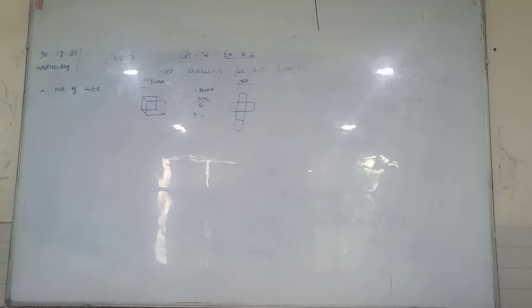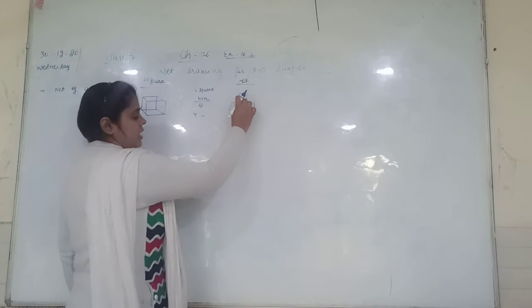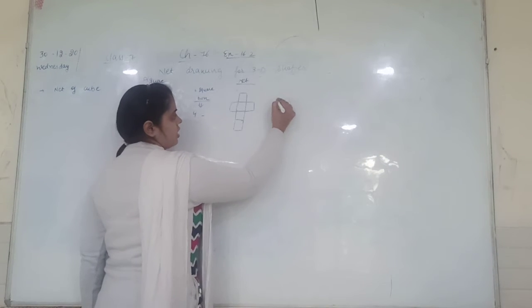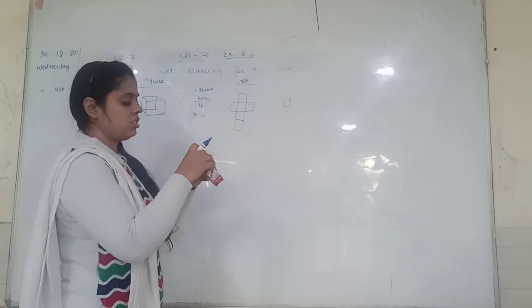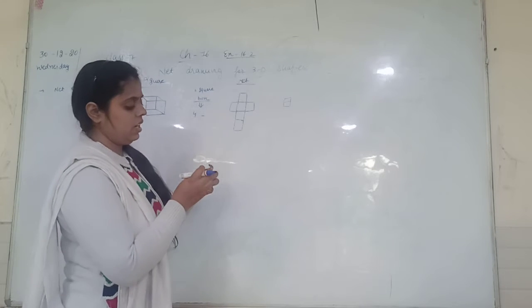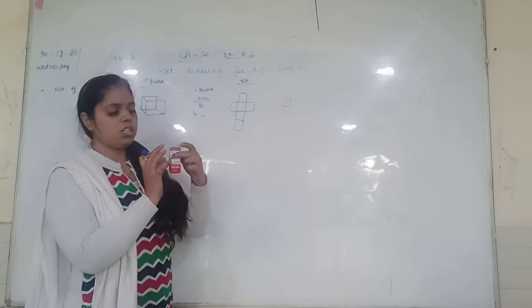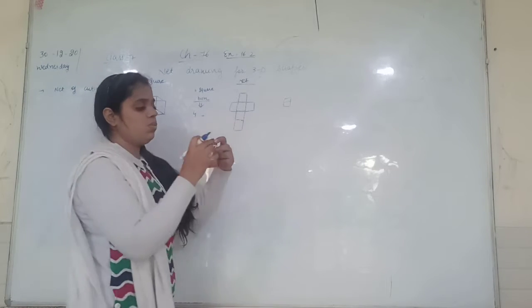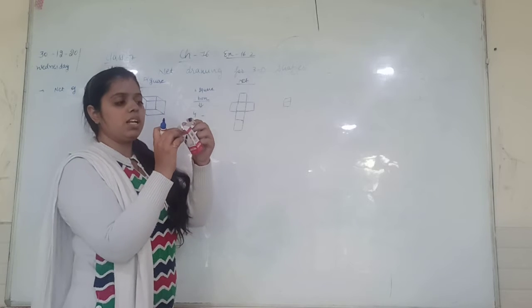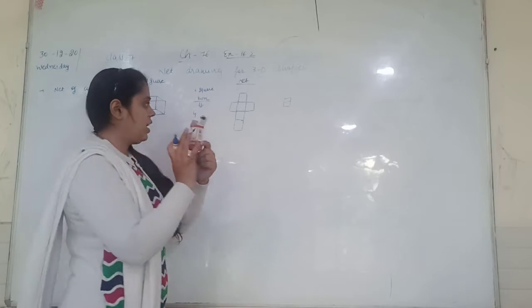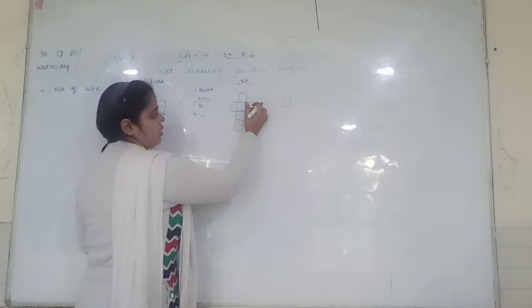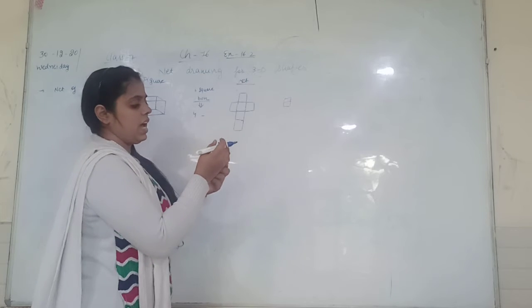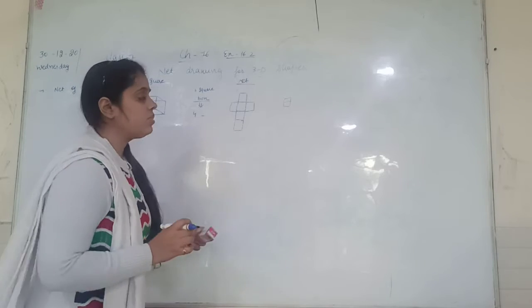Net of cube. How does it work? This is your base point, it will make the side of this one, it will come on the side like this. Like these two are the supportive system of this one. So these will come like this and this back will be like this, and the front, your middle one, will remain the same. From this side it will come and this one will work as your cover, right?